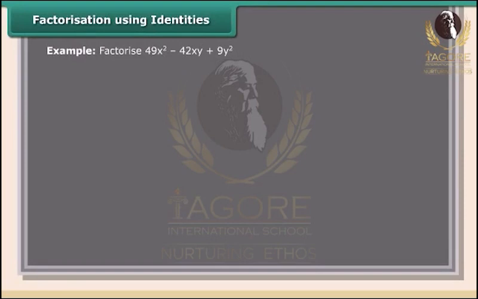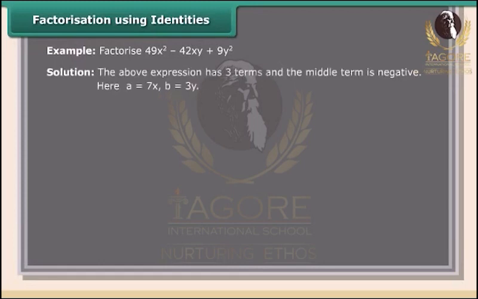Example: factorize 49x square minus 42xy plus 9y square. Solution: the expression has 3 terms and the middle term is negative. Here a is equal to 7x, b is equal to 3y.